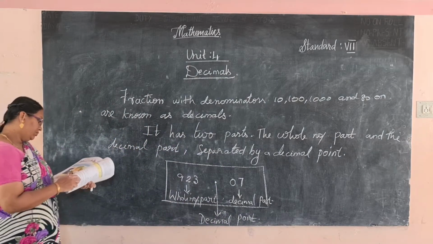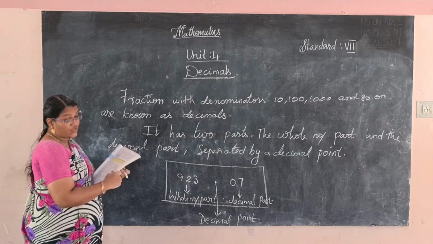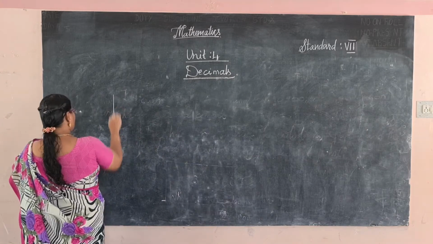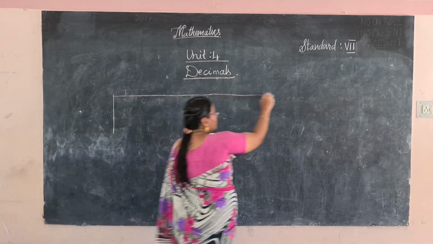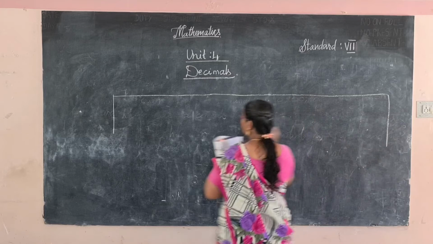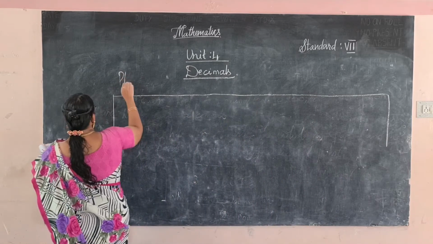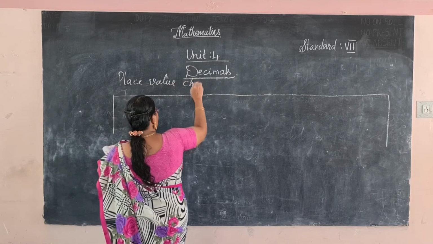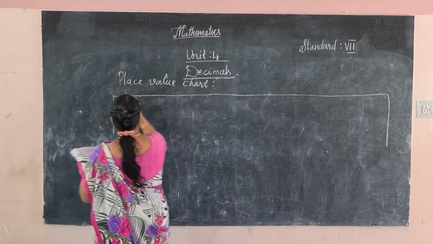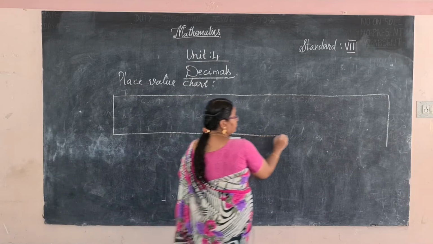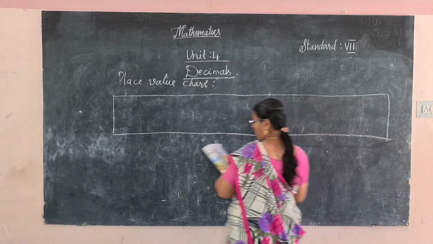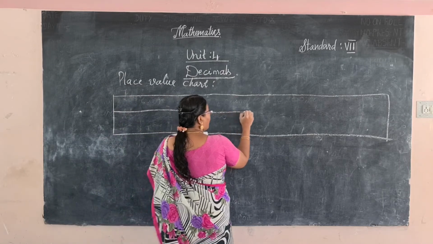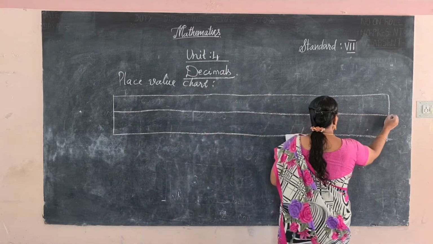Now see the place value chart for the decimals. Already you know the whole number part place value chart, right?